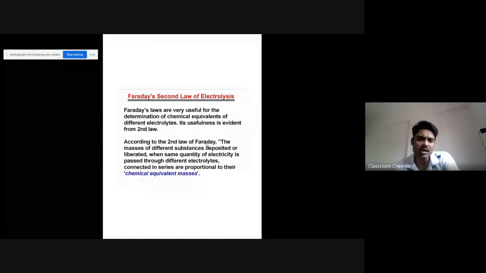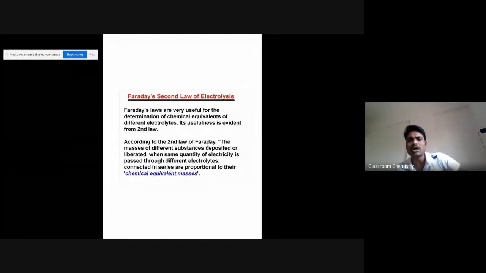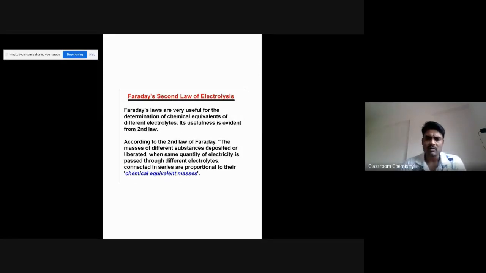In the first law we learned how much amount is electroplated in a given time. How much element is deposited on a particular electrode at a particular current and time t, that relation, M is directly proportional, or M is equal to ZIT, is given by Faraday's first law. Now we focus on the second law.